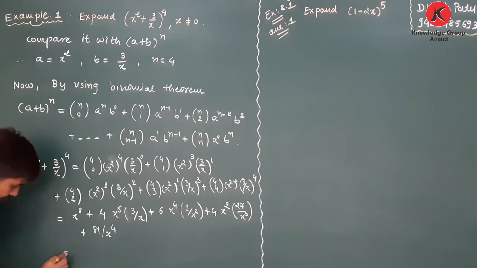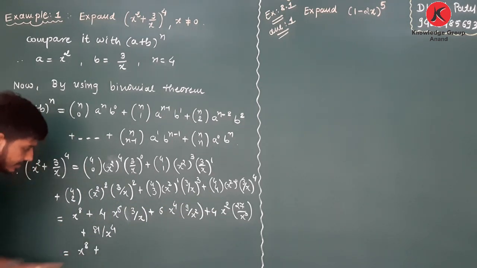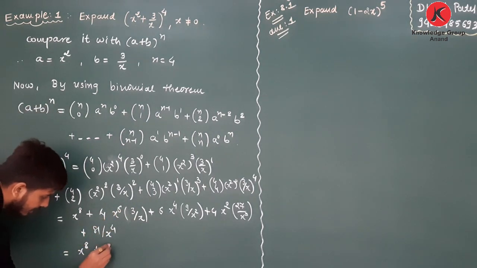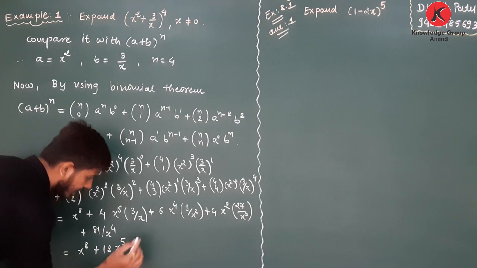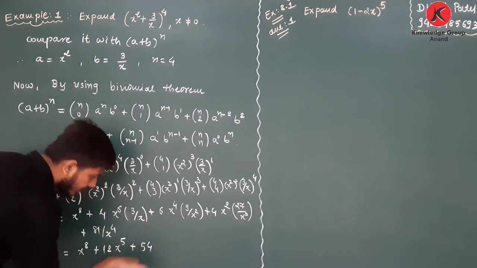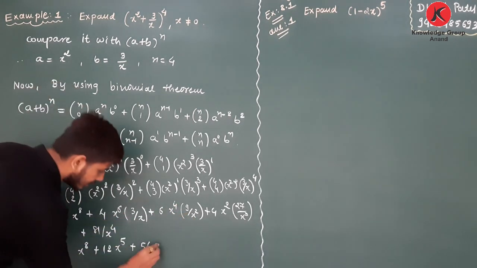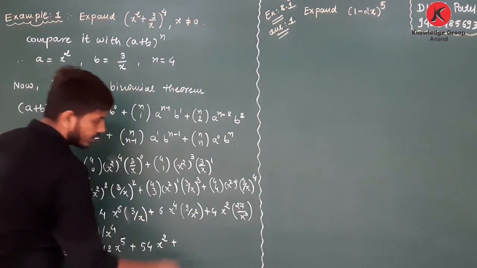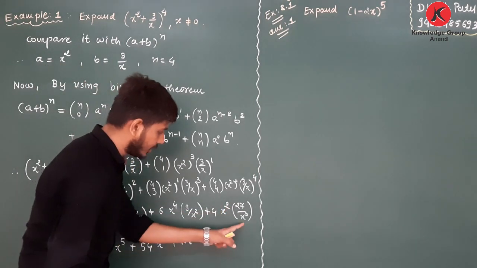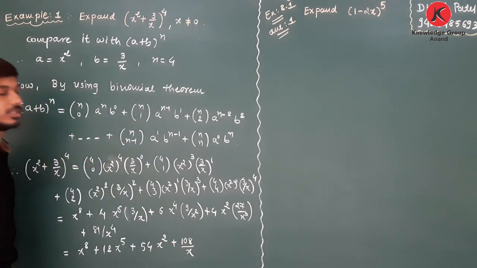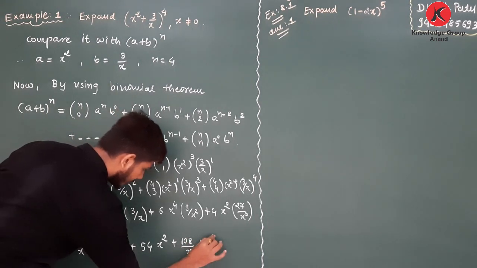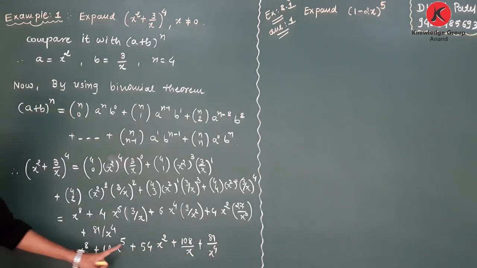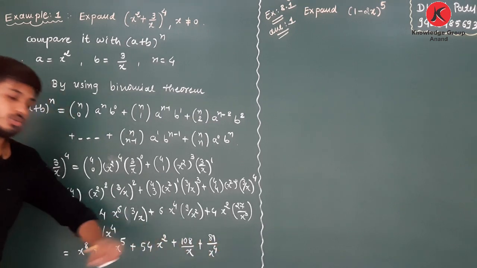Simplify this, we are getting x^8 plus 4x^6 divided by x means x^5. 4 3s are 12 into x^5 plus 9 6s are 54 into x^4 divided by x^2, that means x^2 here, plus 4 into 27, 108 x^2 divided by x^3, that means 108 divided by x, plus the last one 81 divided by x^4. It is in a sequence of decreasing powers: 8, 5, 2, then x^-1 and x^-4.